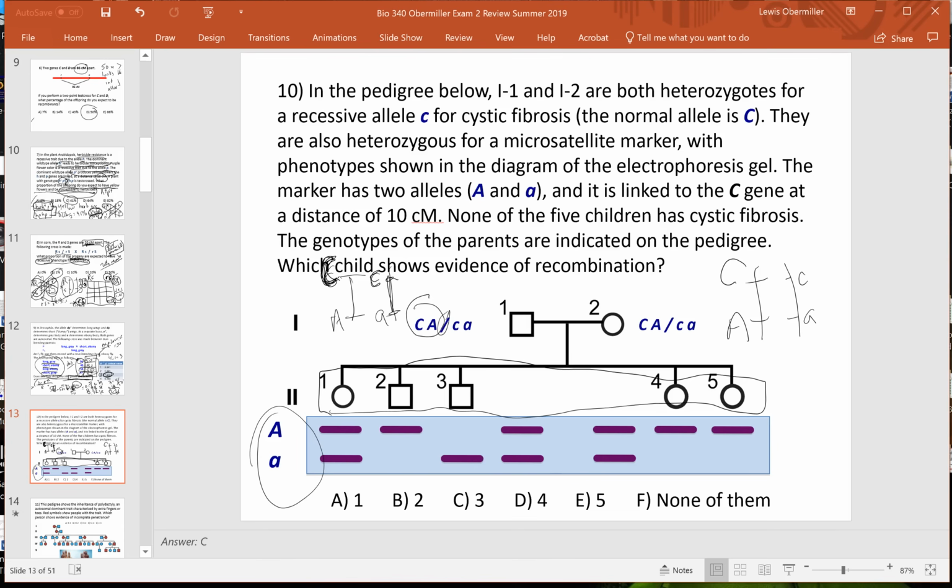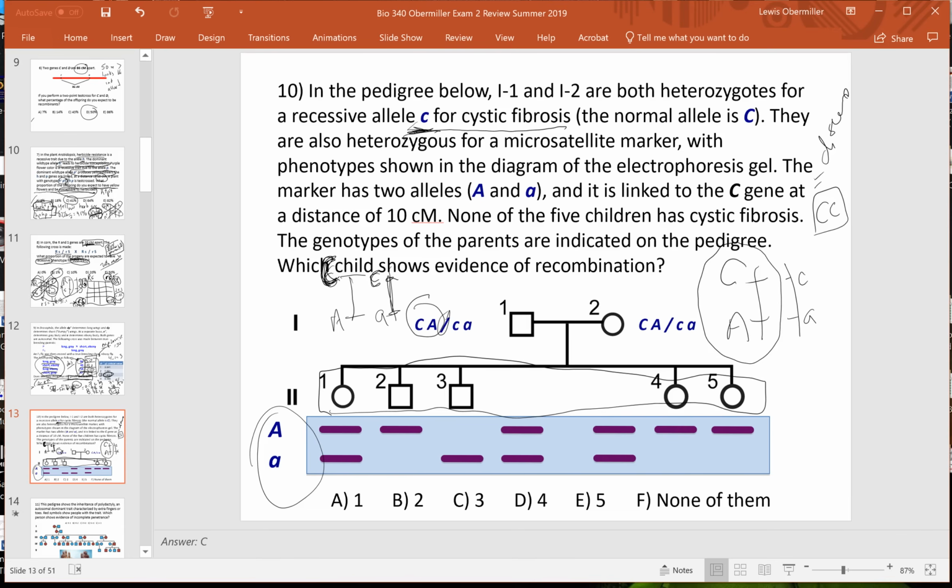So we can do the non-recombinants, right? And remember, if you're homozygous for little c, you have cystic fibrosis. So you have to be little c, those are small c's, equals the disease. All right.